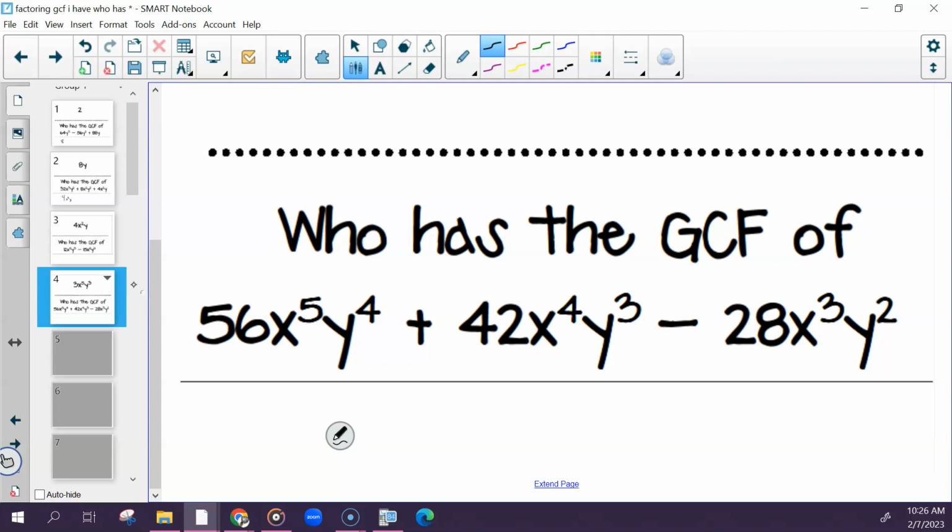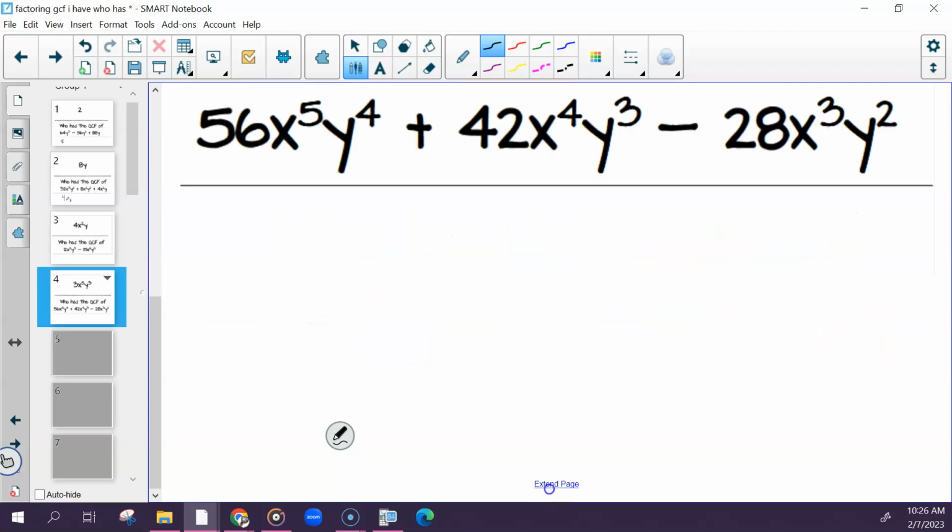What's that GCF number? I think. Okay. 14. So someone that has a 14, look at yours, see if your variables match. Emma? What is your second?